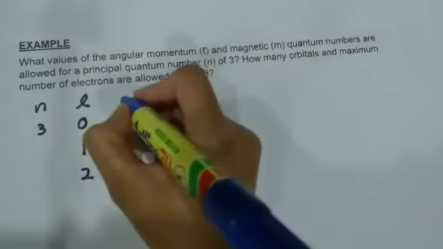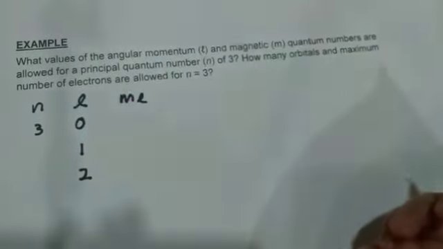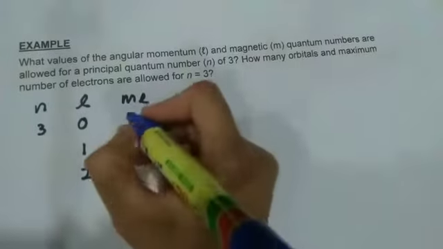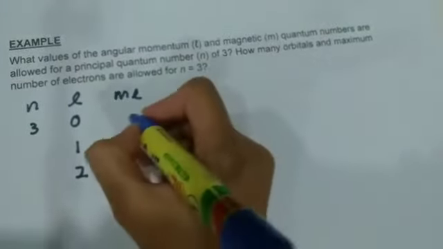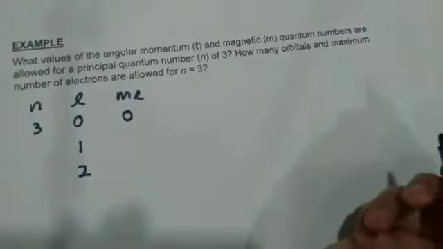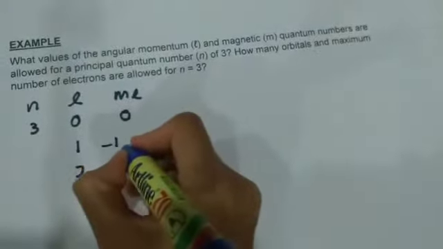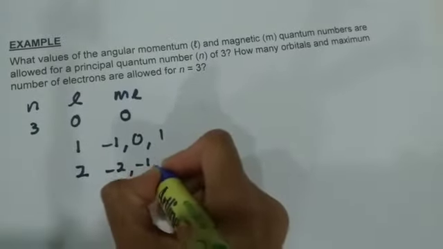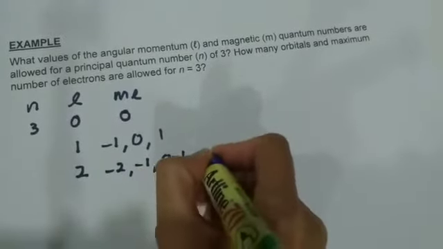Your ml value goes from negative l to positive l. For l is 0, it is 0. For l is 1, it is negative 1, 0, 1. For l is 2, it is negative 2, negative 1, 0, 1 and 2.